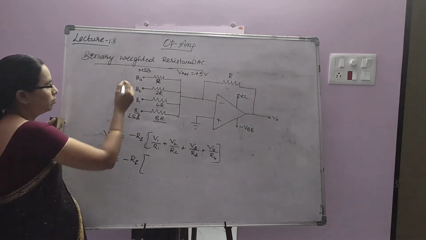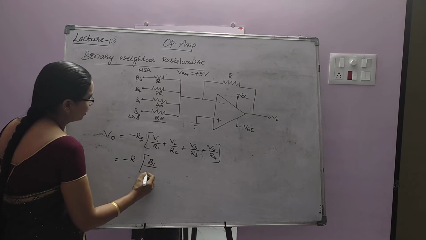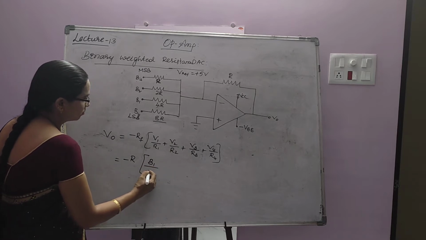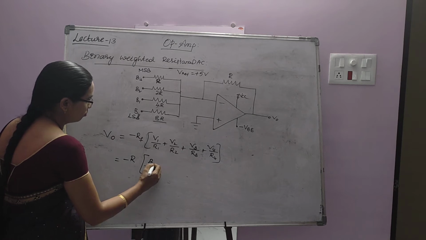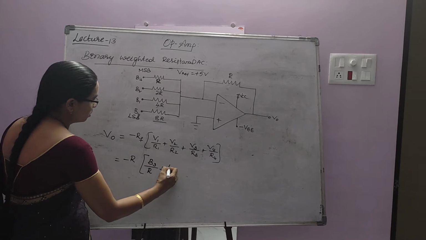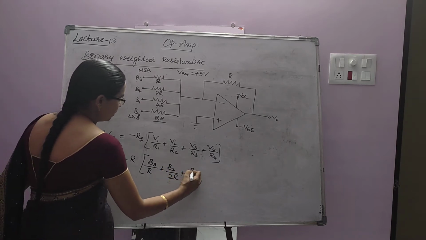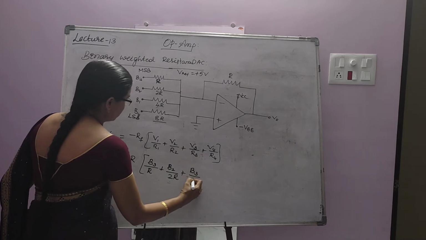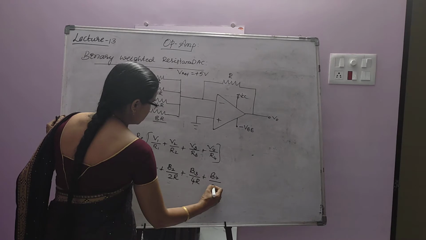If the bit is 1, I will write here RF is R, and B3 by R plus B2 by 2R plus B1 by 4R plus B0 by 8R.